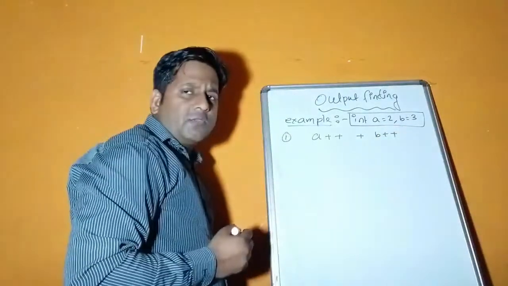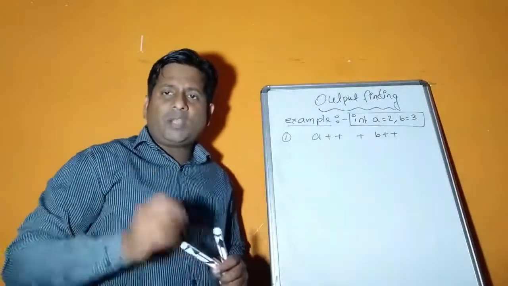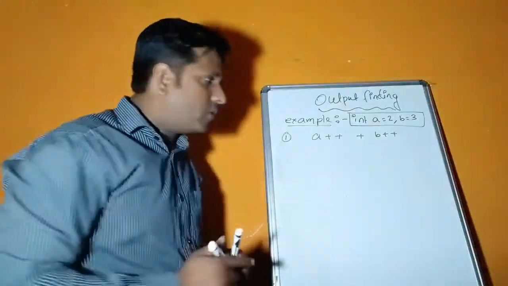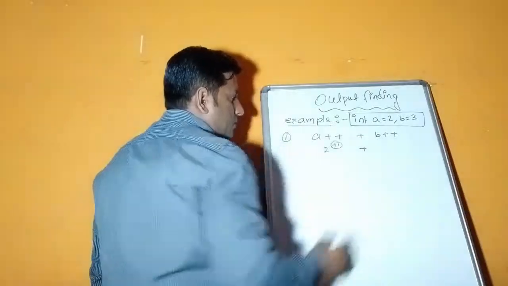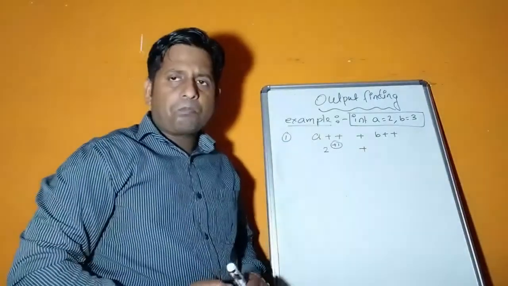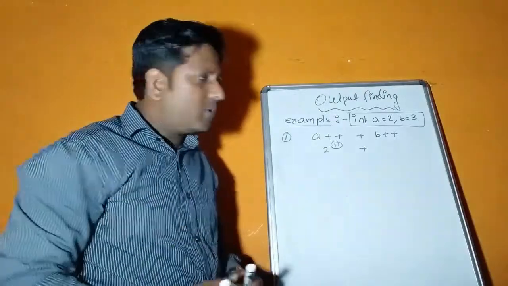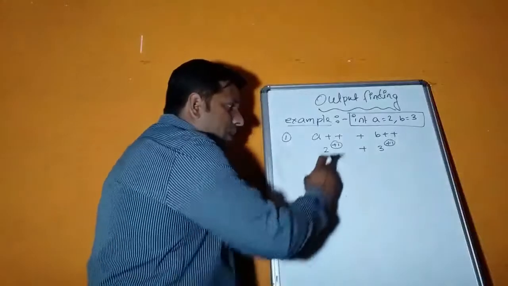Now what will be the answer for this one? A plus plus. What kind of increment? Post. Post means value remains same but carry will be there. So 2 carry 1 plus. Now what about here? B plus plus. So B value remains same, carry will be there. So 3 carry 1.